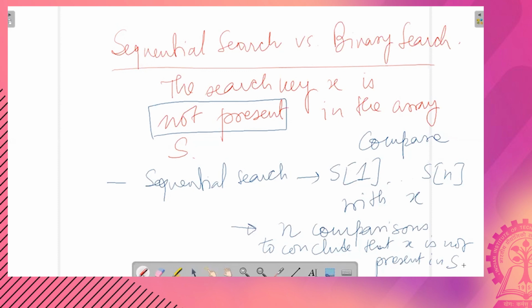Now let us see binary search. Okay, this can be best understood taking an example. Let us say that we have our elements in S indexed from 1 to 32.